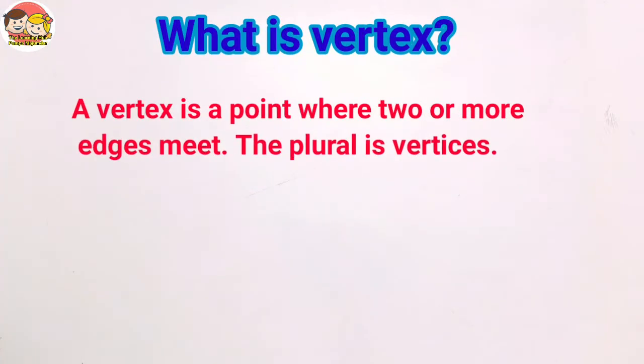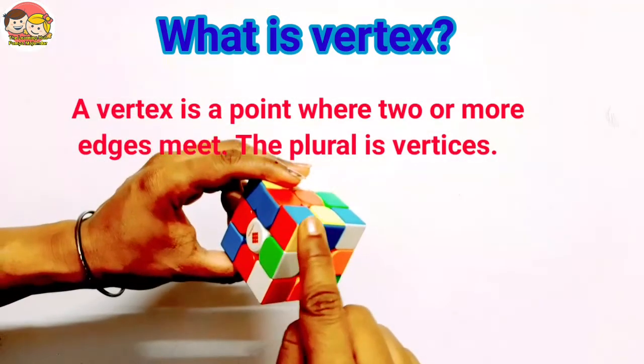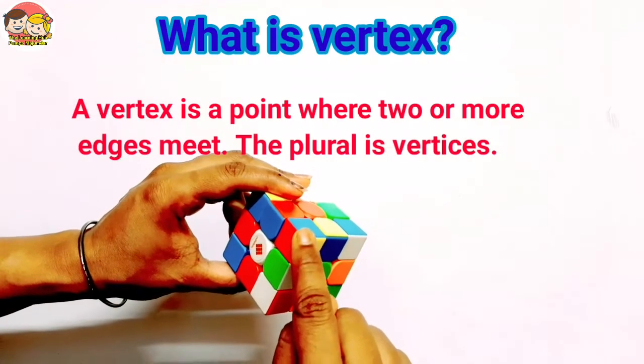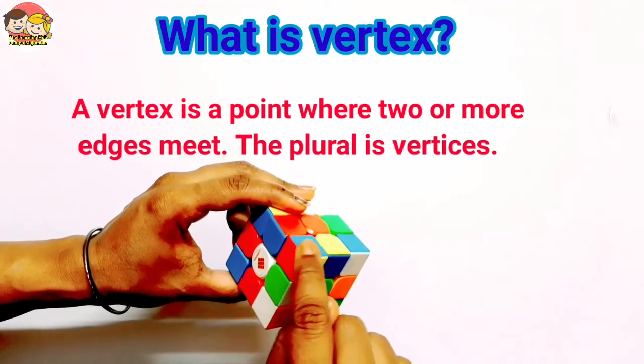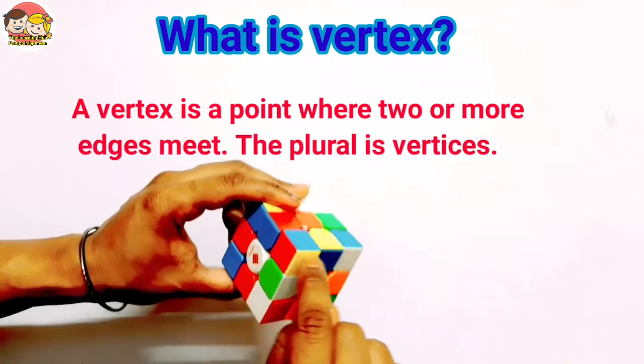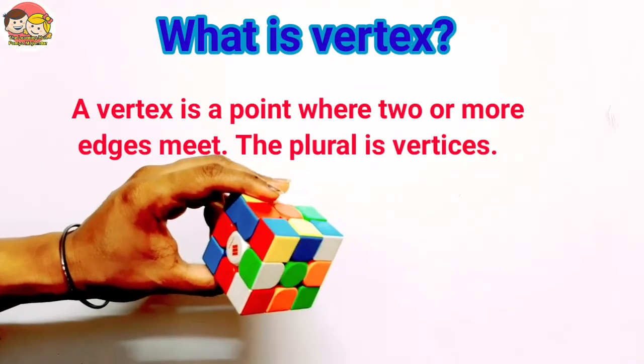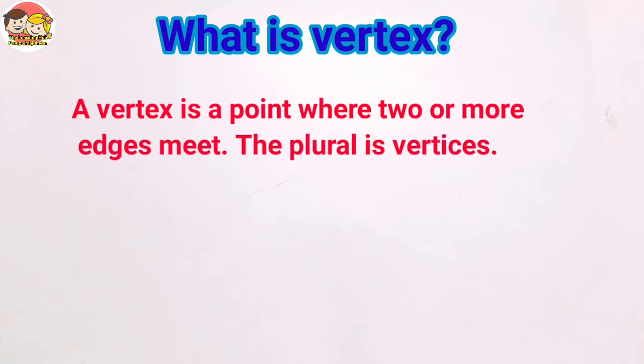What is vertex? A vertex is a point where two or more edges meet. The plural is vertices. This is a vertex where two or more edges meet. This point is called vertex. Different shapes have different types of faces and edges.